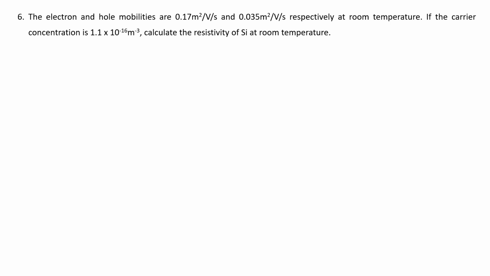So previously we had all the notations also given in the problem itself. So we did not write the given statement, but now it is only given as hole mobility, electron mobility without giving any notation. So we have to give the given data. Given data, that is electron mobility mu E is equal to 0.17 meter square per volt per second.